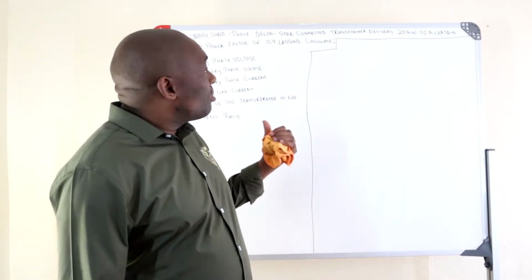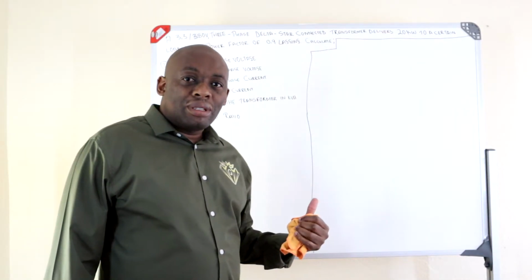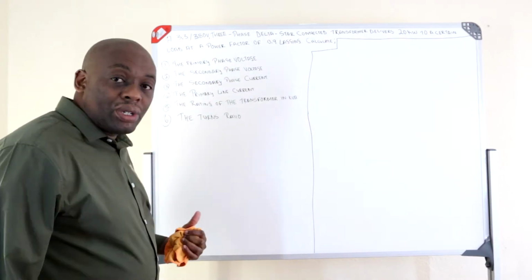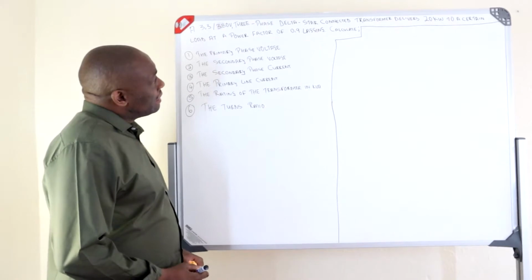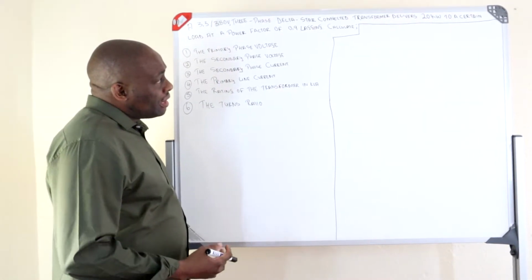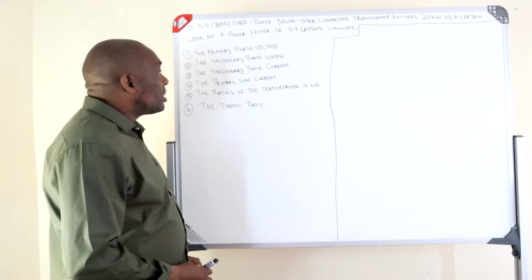This was the question that was left on the board the last time we were doing a YouTube video. So let's go together through the question and try to resolve it.